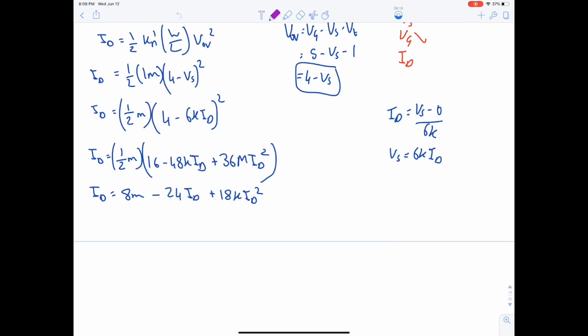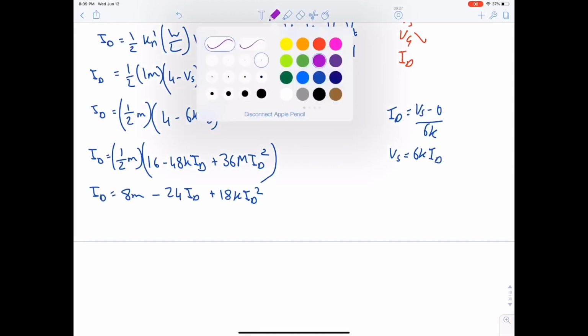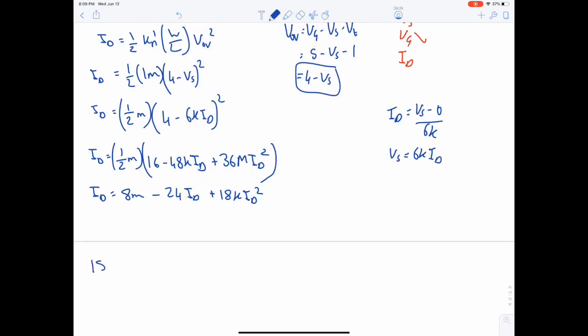Rearranging the equation will result in 18K ID squared minus 25 ID plus 8 milli equal to 0.